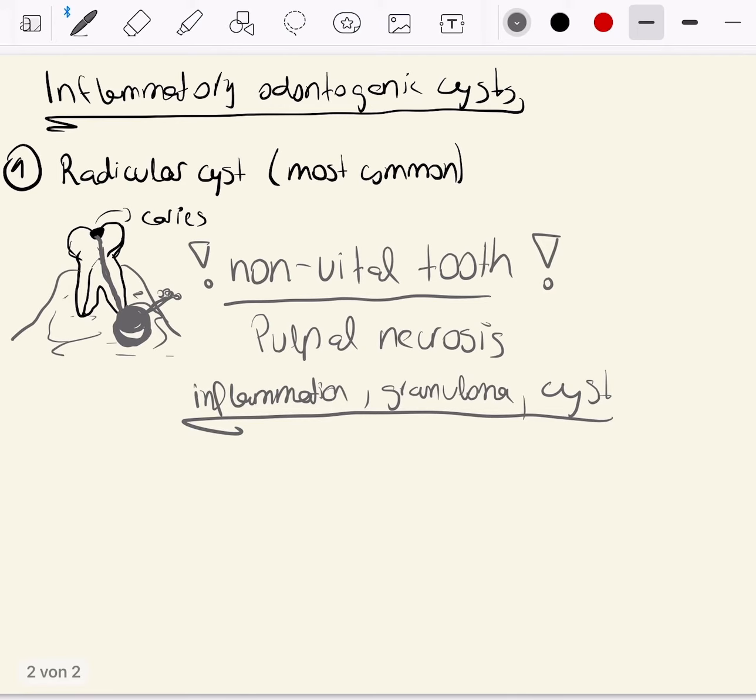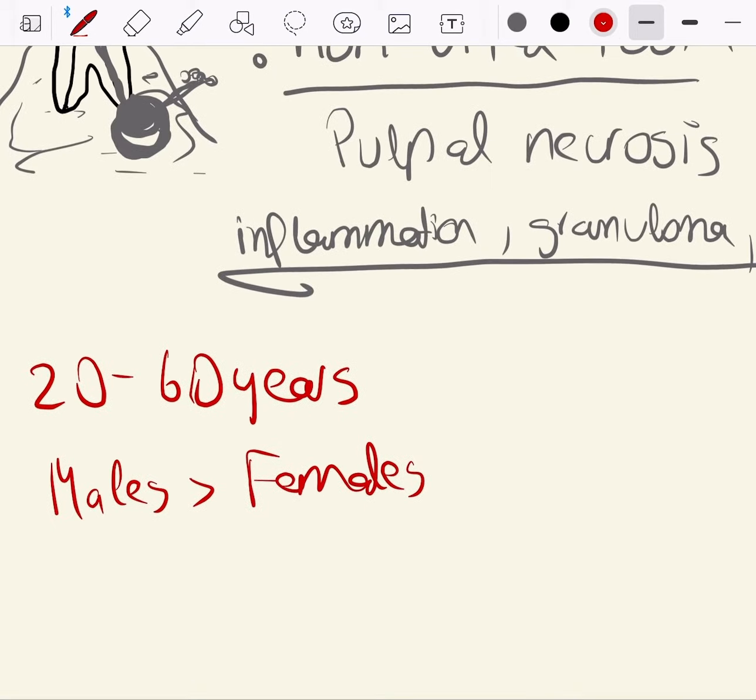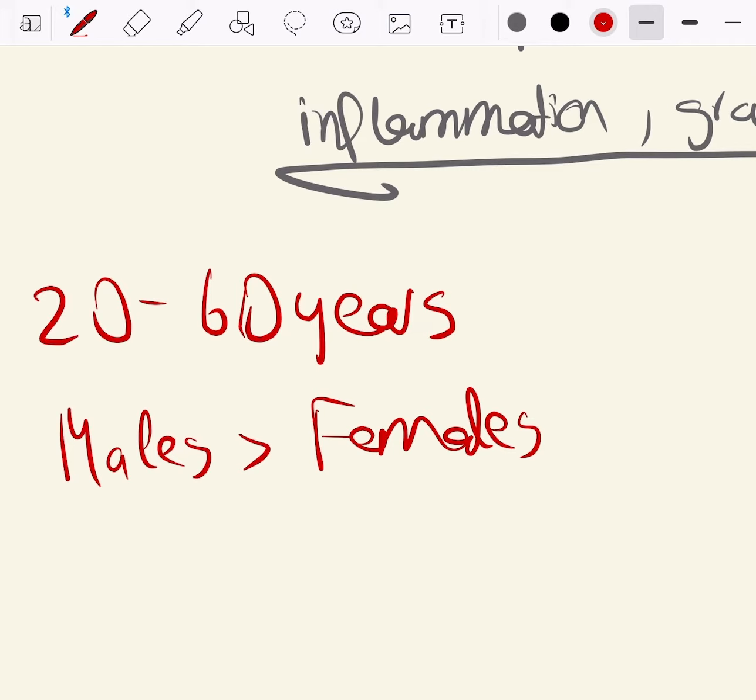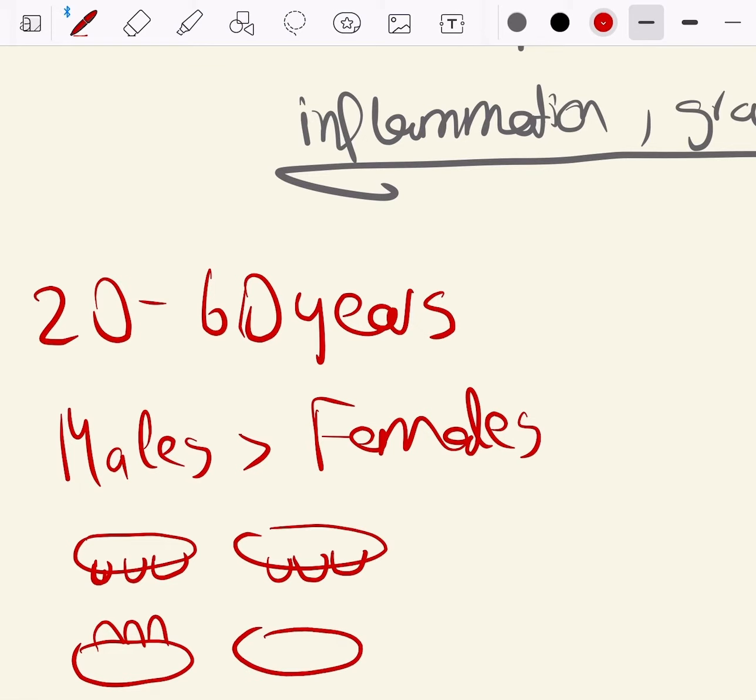What are the clinical features? The affected patients are aged 20 to 60 years. Males are affected more than females. The location, the site, is very important. To make it easier for you, we have the maxilla anterior, the maxilla posterior, the mandible anterior, and the mandible posterior.